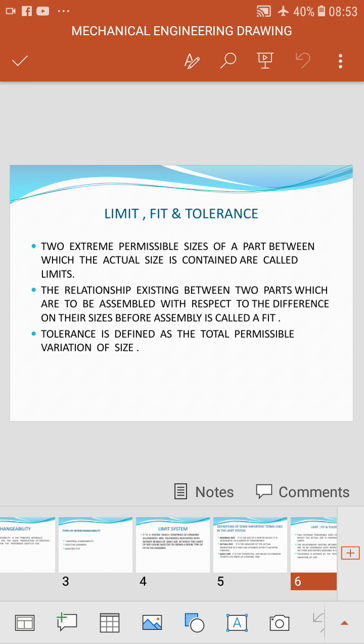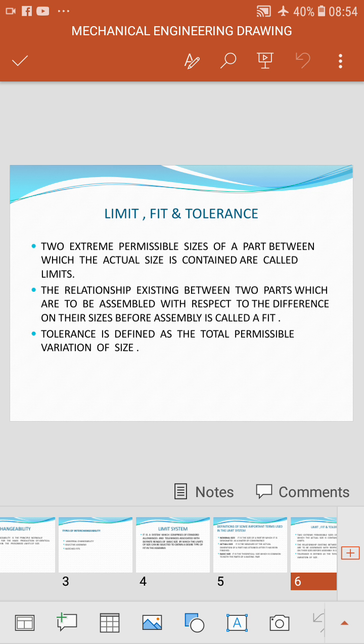The relationship existing between two parts which are to be assembled, with respect to the difference in their size before assembly, is called the fit, and tolerance is defined as the total permissible variation of size. As already explained, the extremes of the finished size of a component can be expressed either as the design size associated with the two limits of tolerance or directly as the two permissible extremes of the finished size.